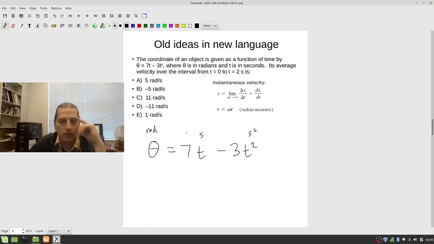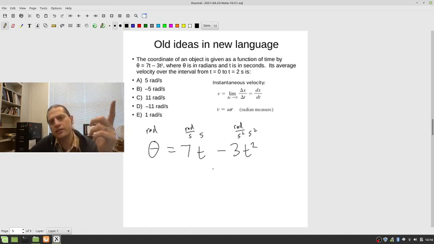Now, going back to our analysis from our video on Wednesday, this 7 would have to have units of radians per second, and this 3 would have to have units of radians per second squared, because if on the left we have units of radians, on the right everything that we're adding together also has to have units of radians.